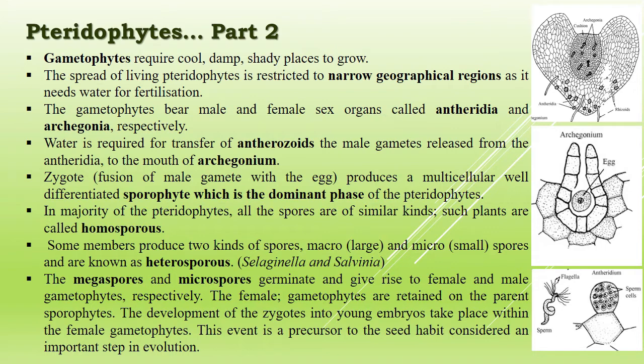Then the zygote develops into an embryo within the archegonium, and then it divides to form the sporophytic plant body. This life cycle differs from the bryophyta, because here both the sporophytic and the gametophytic phases are independent of each other, but the dominant phase is sporophyte. Whereas in bryophyta we have learned that the dominant phase is gametophyte and the sporophyte is dependent on the gametophyte.